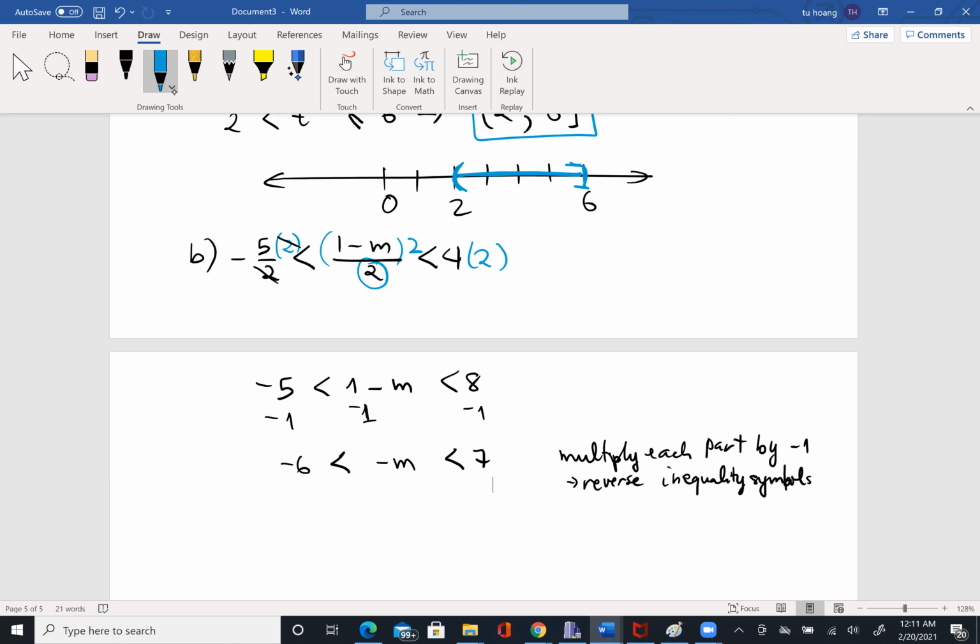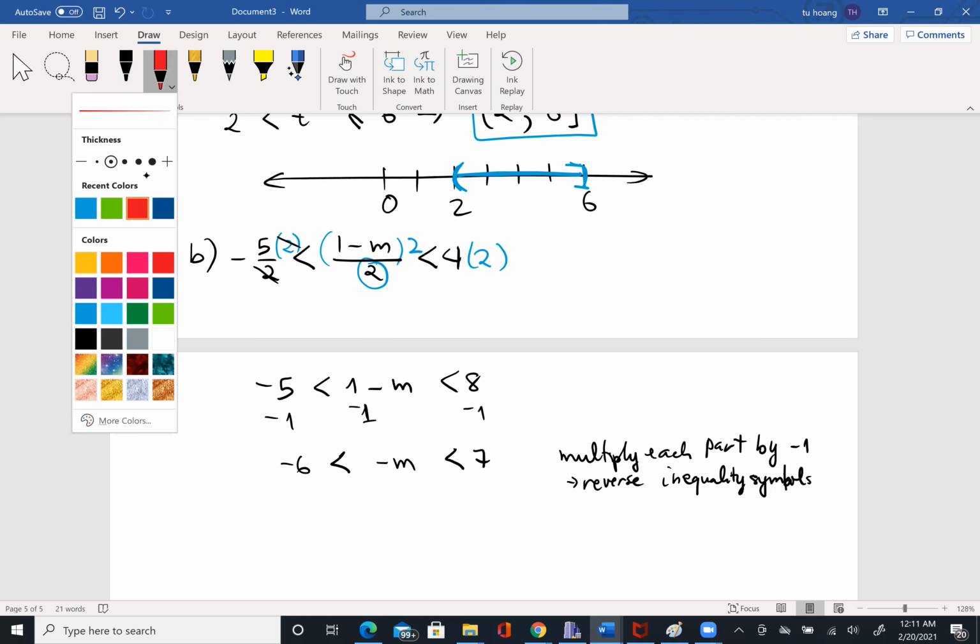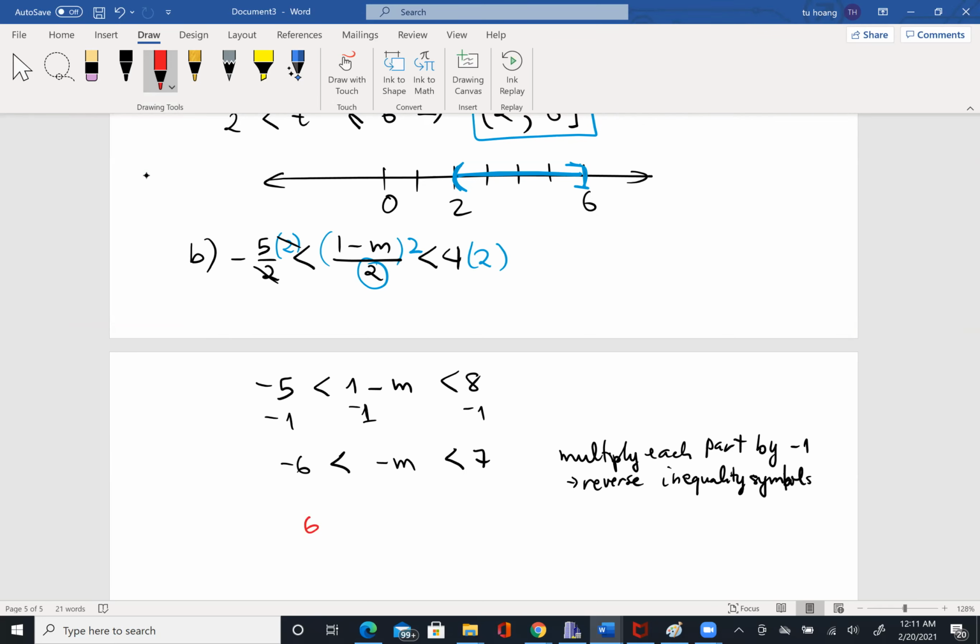So what does that mean? You multiply by negative 1 for the left part, and you have 6. You multiply by negative 1 in the middle, and you have m. Multiply negative 1 by 7, and you have negative 7. But now you reverse the inequality, so less than changes to greater than, and the same here.